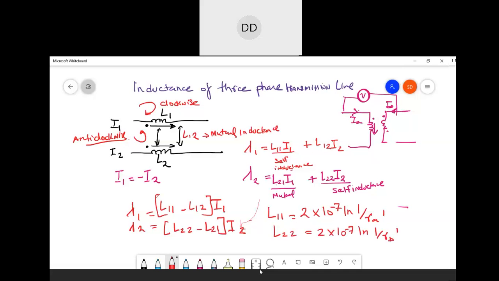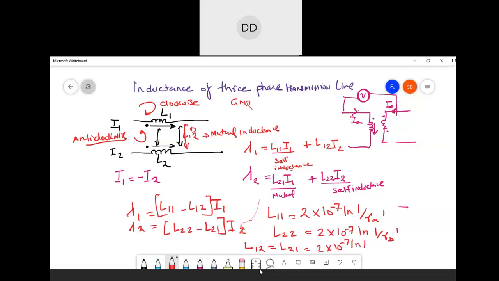But the mutual inductance linking the two paths, L12 equal to L21, would be 2 into 10 power minus 7 ln of 1 by D, and here it won't be the conductor radius, it would be the distance between these points. The conductor radius is known by GMR, whereas this distance is known as GMD.